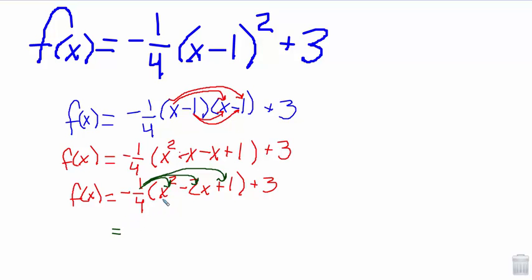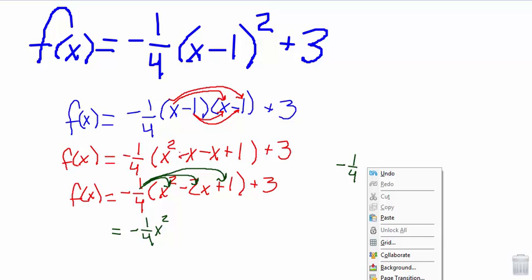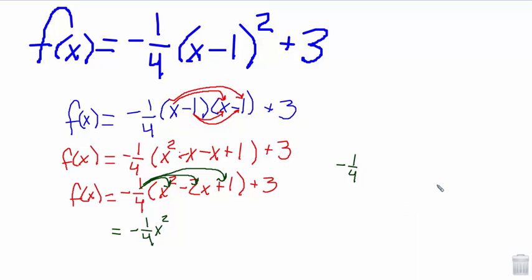So here, negative 1/4 times x squared is just negative 1/4 x squared. Negative 1/4 times negative 2x, and if you need a reminder, negative 1/4 times negative 2/1 x.